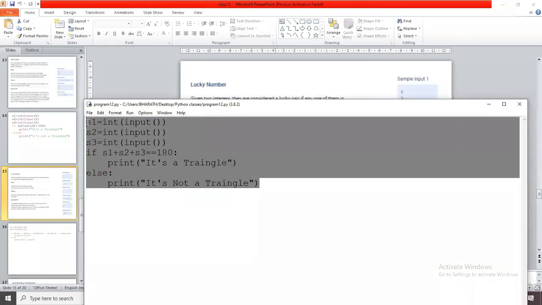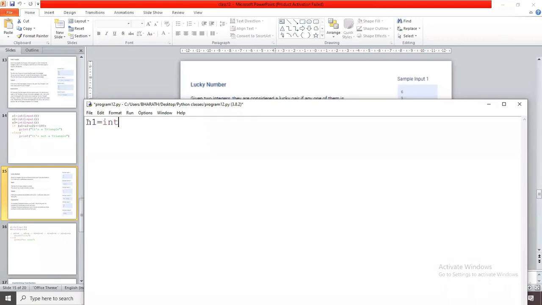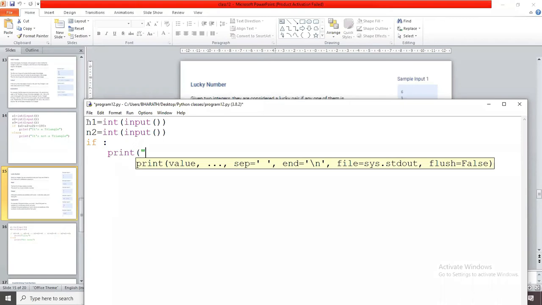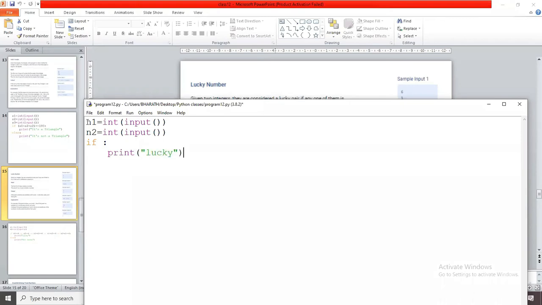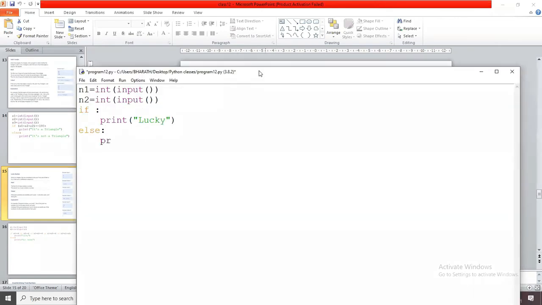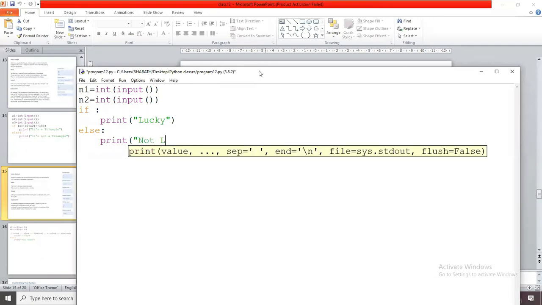So we are going to read two numbers. So n1 equals int of input, n2 equals int of input. Okay, so we read two numbers. Now what is the condition here? We print lucky, or else we print not lucky.